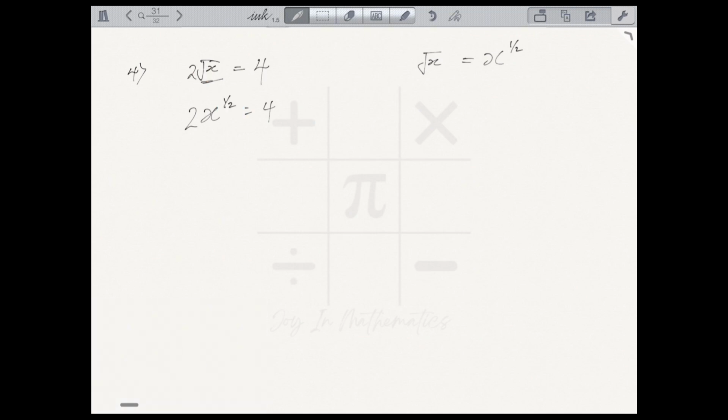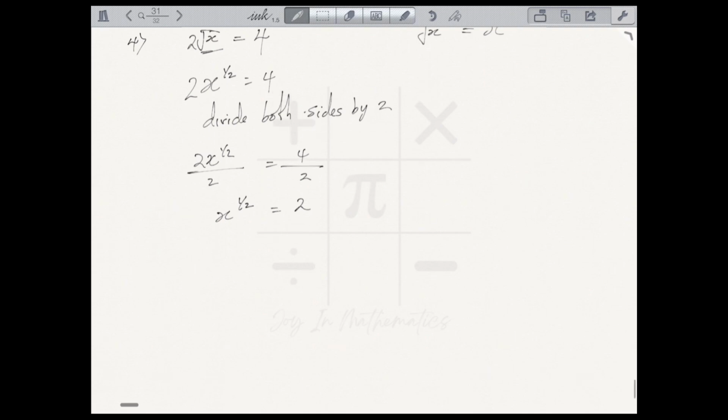So therefore I can divide both sides by 2. Therefore we'll have 2x raised to the power half divided by 2 is equal to 4 divided by 2. So this becomes x raised to the power half is equal to 2.